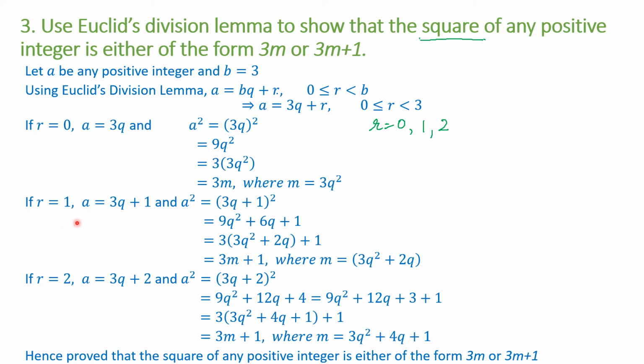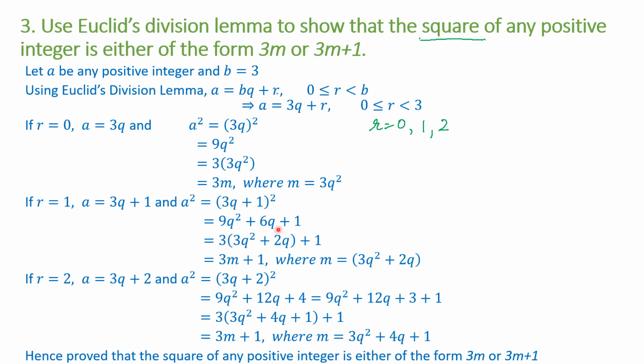If r is equal to 1, my a is going to be equal to 3q plus 1. Now again I square it, so a square is going to become 3q plus 1 whole square. That is going to be the a plus b whole square formula. So 9q square plus 2ab, 2 into 3q into 1, plus 1.